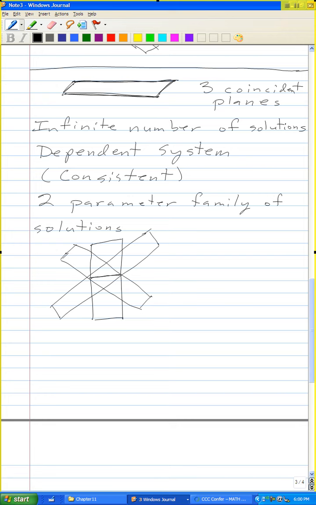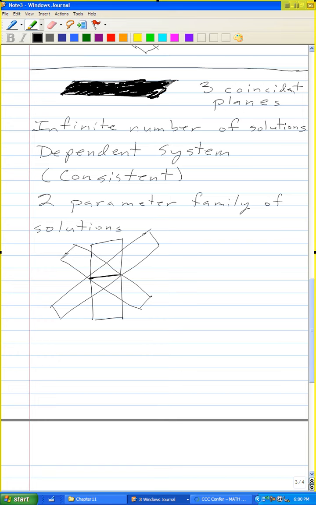And so the intersection will be, in this case, instead of every, actually, I should probably fill this in saying that every point on the plane is a solution.